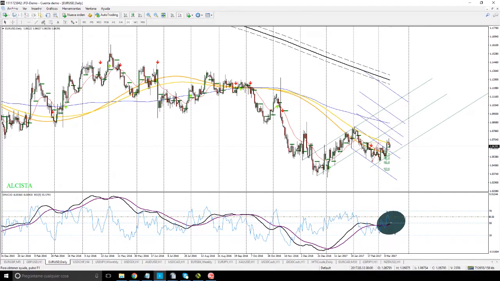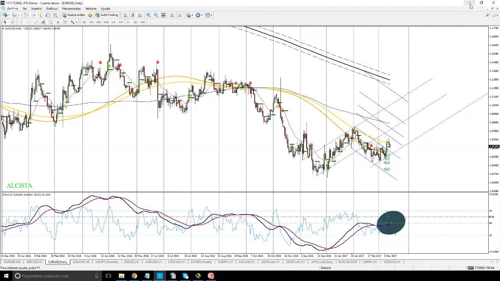If we stay within this upper realm, I will increase the long exposure. So there is a small part of analytical skill of forecasting, that's for sure.